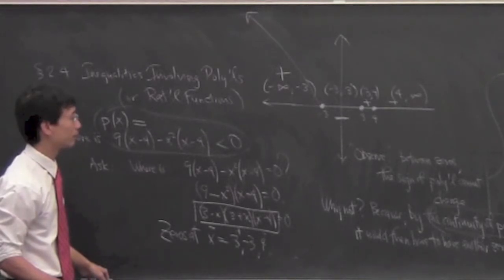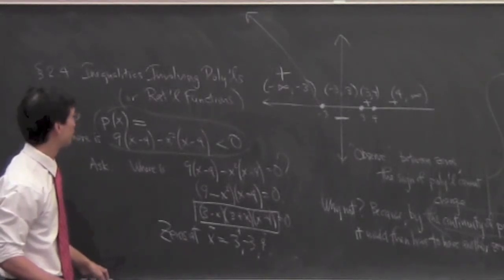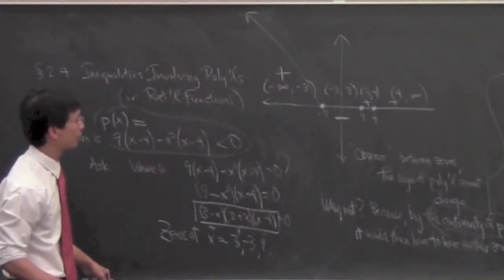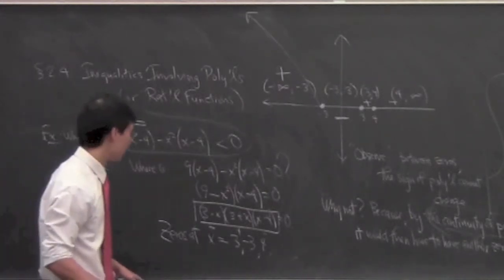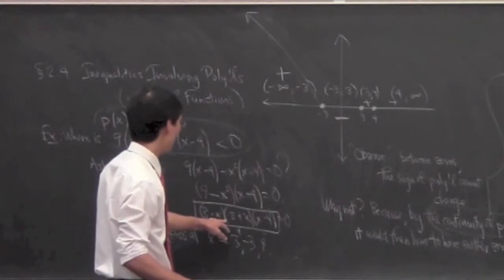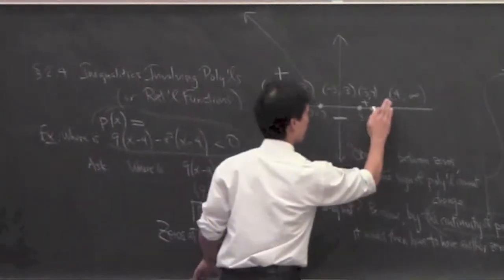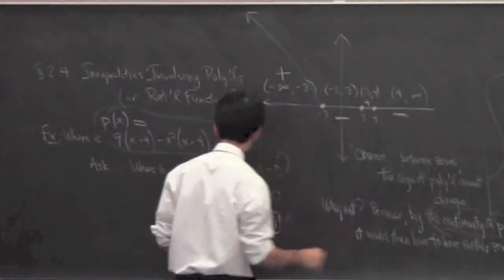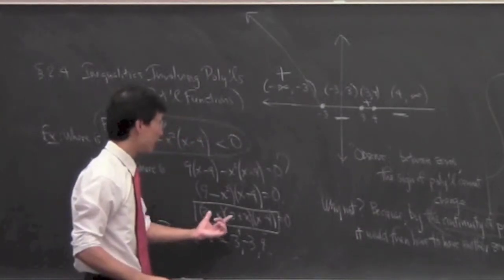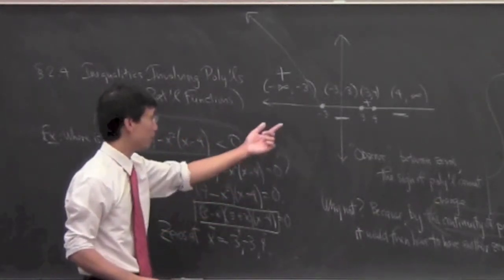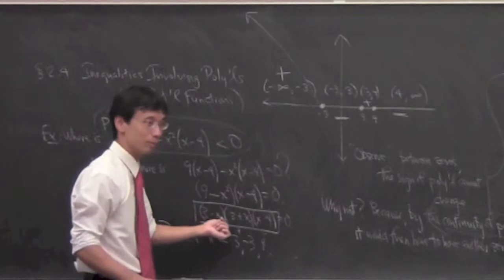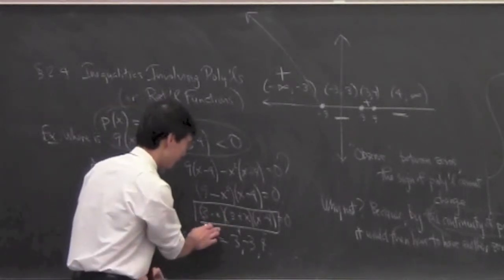Wait, shouldn't the very last from 4 to infinity be negative? Oh, you're right. I'm sorry, my mistake. So if you take a big positive number, 3 minus the positive number is negative, right?